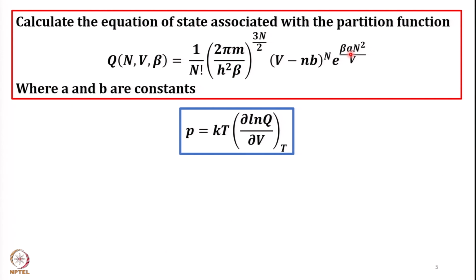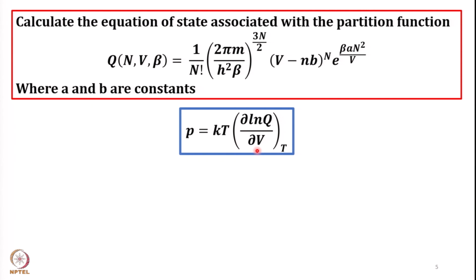So since we want to derive an expression between P, V and T, it is wise to start with the expression for pressure. And pressure is equal to kT times del log Q del V at constant temperature. We need partial derivative of Q or log Q with respect to volume at constant temperature.